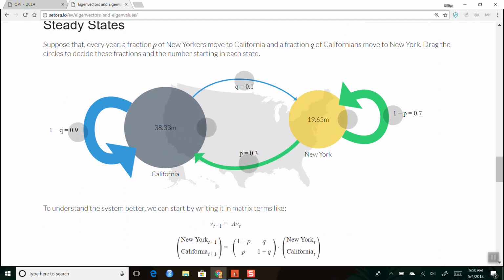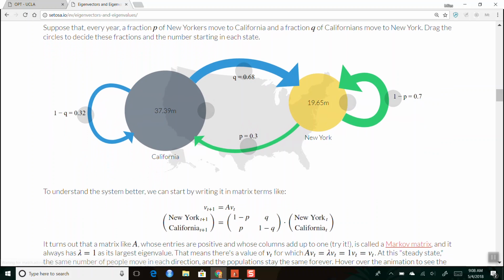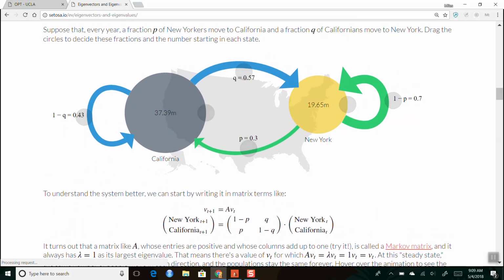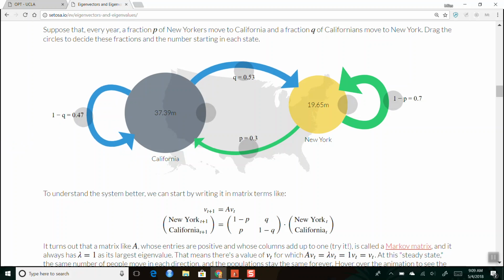Okay, so this is supposed to represent two states, California and New York.